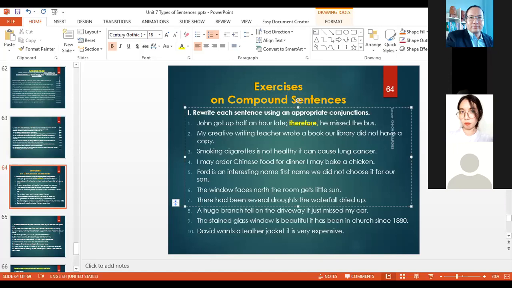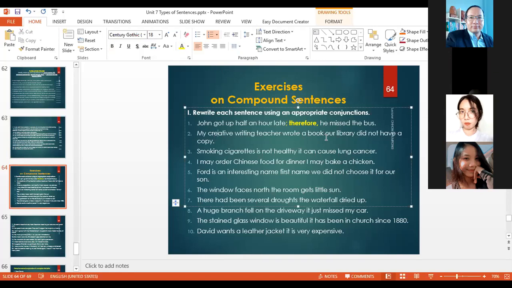Okay. So you can use any way you like. You can use semicolon with a conjunctive adverb plus comma, or you can use fanboy. Up to you. Okay, no problem. How about another sentence? No, teacher. Yes. Wrong. Okay, another one.